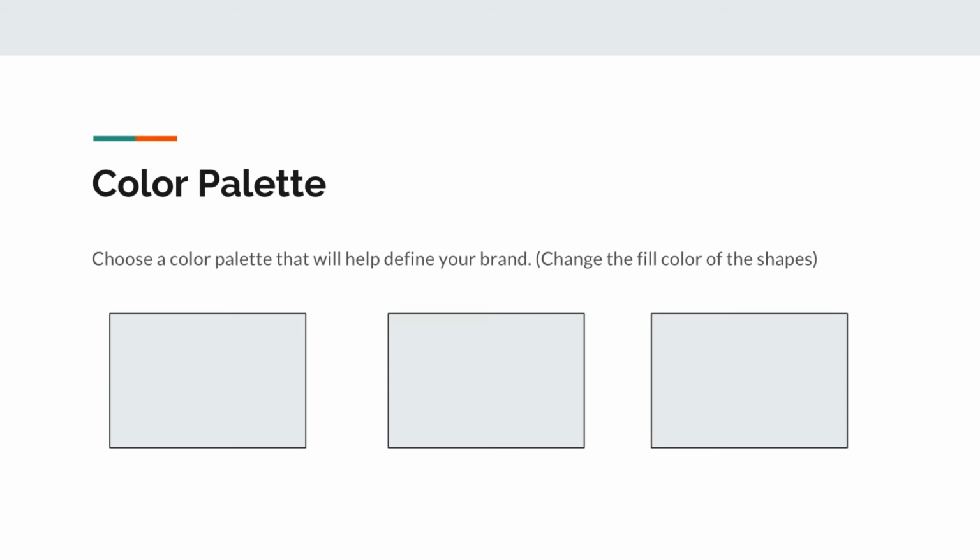If you're more natural, then probably lighter greens or yellows, more pastels, things like that. Fun and playful. Think about those decisions you made and come up with ideas for what colors you think represent that the most. And so all you have to do is just click these boxes and change the fill color of the shapes to show me what choices you've made.